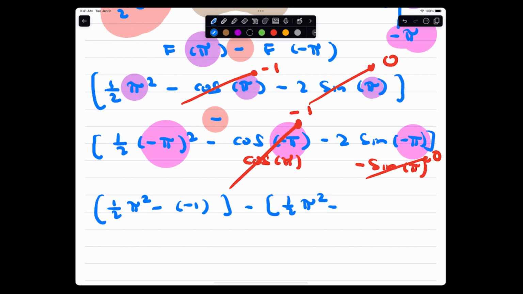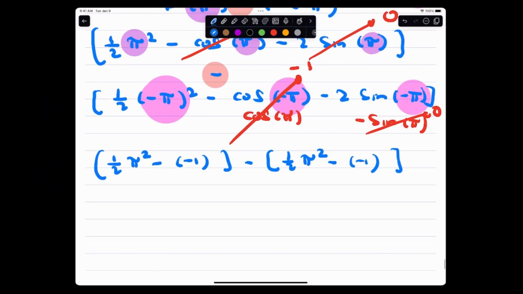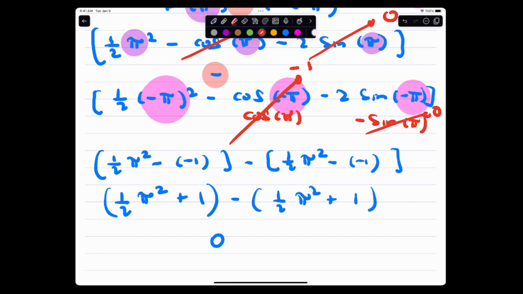And that's going to be minus a -1 again. And that portion is going to be 0. One half pi squared plus 1 here minus 1/2 pi squared plus 1 here. That whole area is 0? Really? Is that 0?